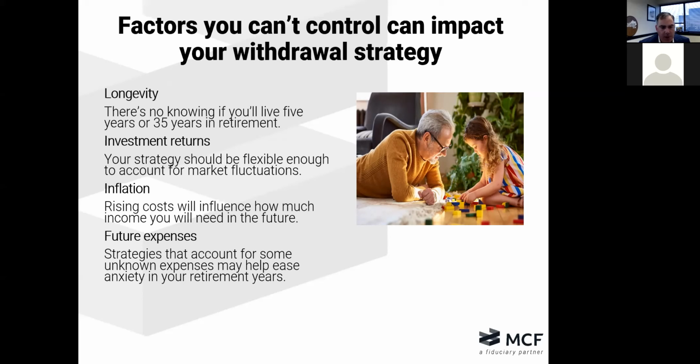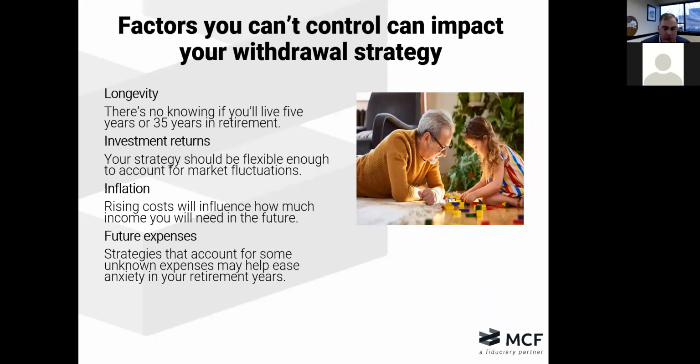Investment returns: your strategy should be flexible enough to take into account some market fluctuations. Some of these that I'm going to go over starting just a second do not. Inflation: rising costs can influence how much income you're going to need in the future. And some of these are more static in nature, and you might be impacted by inflation over time and have to make some adjustments for that.